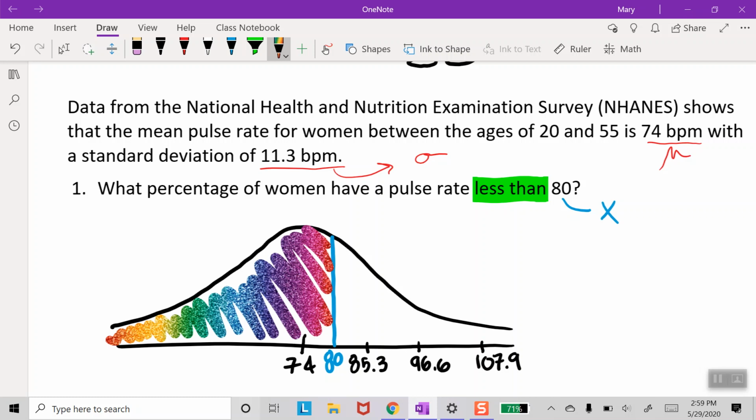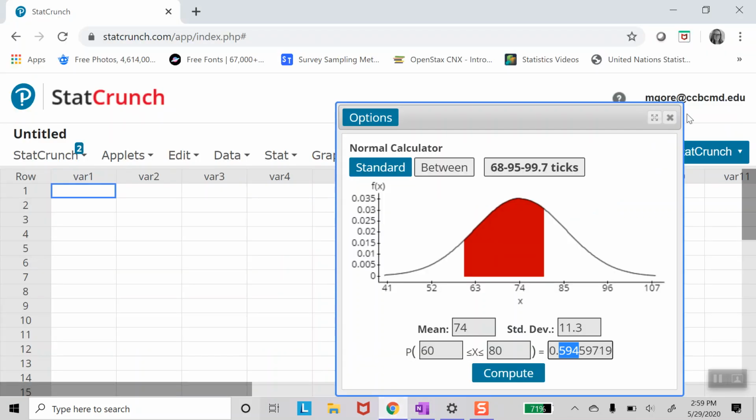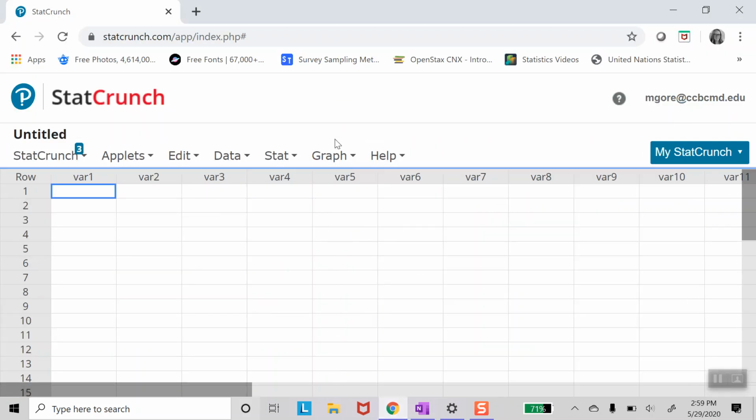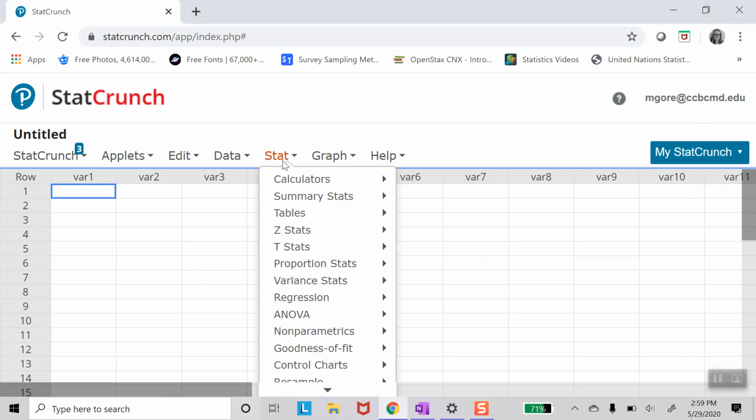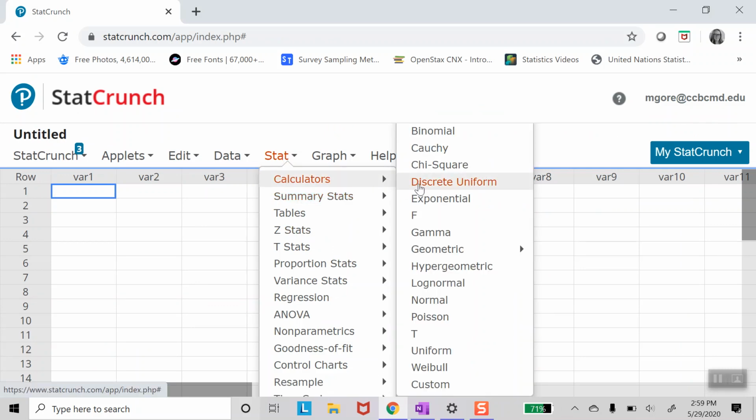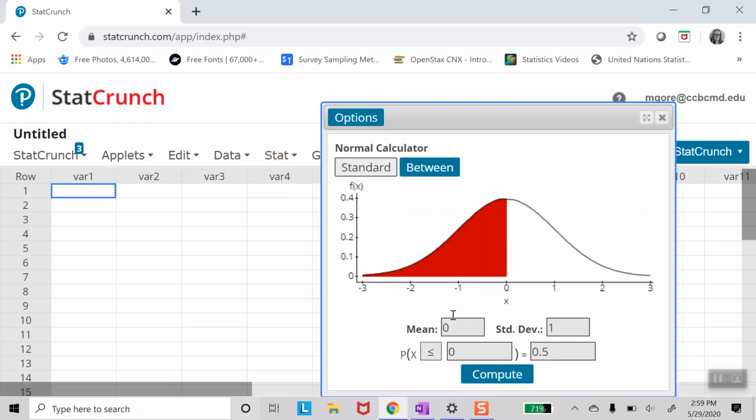So I'm going to use StatCrunch to find the portion of this normal model that I have shaded. Go to StatCrunch, bring it up here. That's something I was working earlier. We'll navigate in, Stat, Calculators, all kinds of ones, Normal with a bell curve.